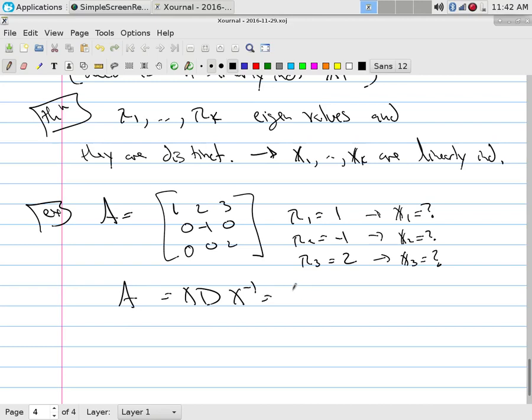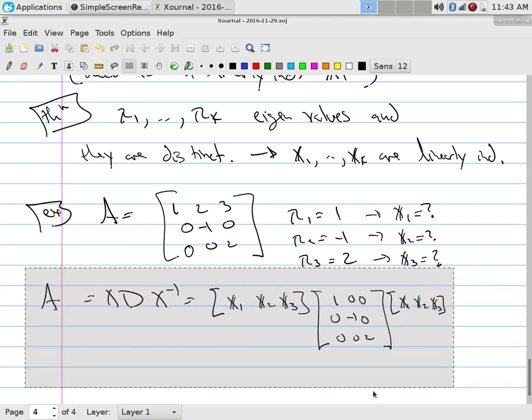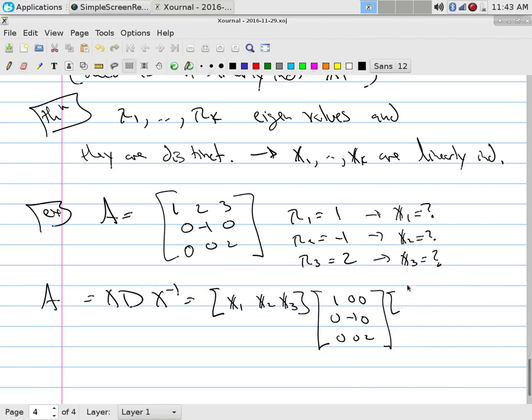That, which would be whatever x1, x2, x3 times the diagonal matrix 1, 0, 0; 0, minus 1, 0; 0, 0, 2, times x1, x2, x3 inverse.